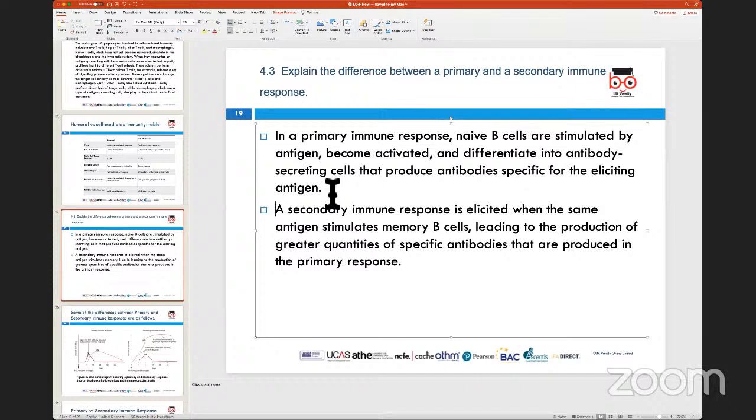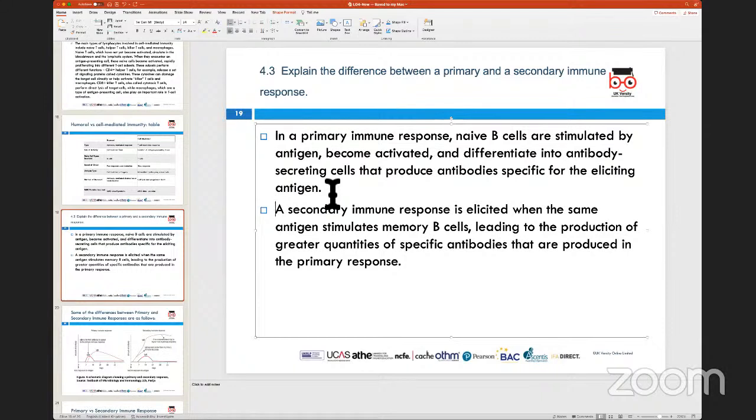When we look at the secondary immune response in relation to speed, what you're going to see is that the secondary response is going to be much quicker because your body is exposed to it, and it is going to be much more potent. That means it is going to be much more severe.